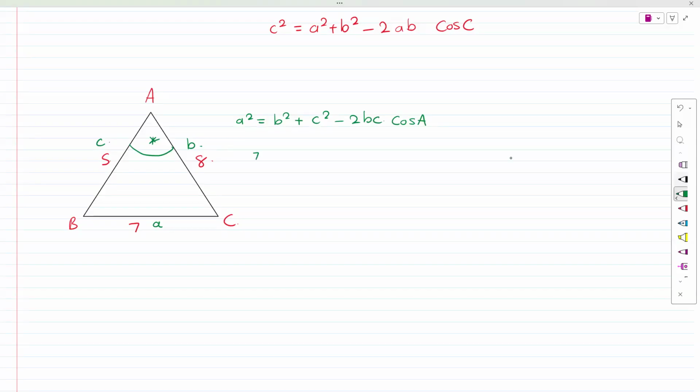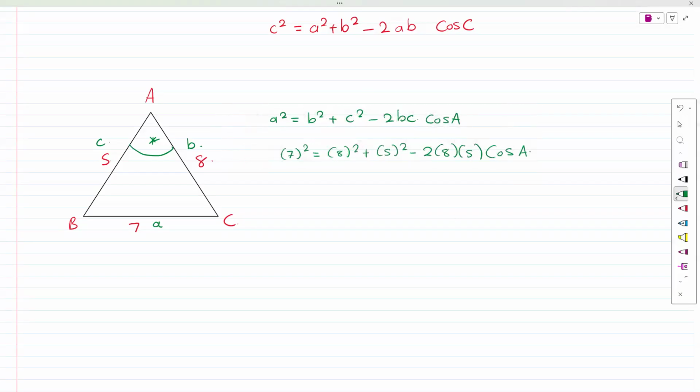This will be 7 squared equals 8 squared plus 5 squared minus 2 into 8 into 5 cosine A.